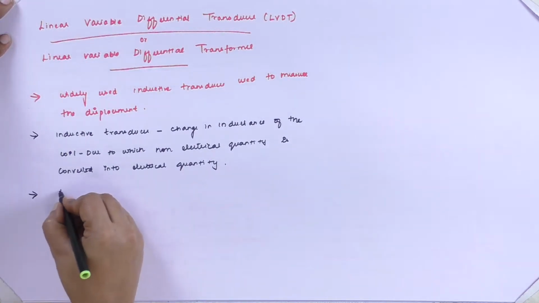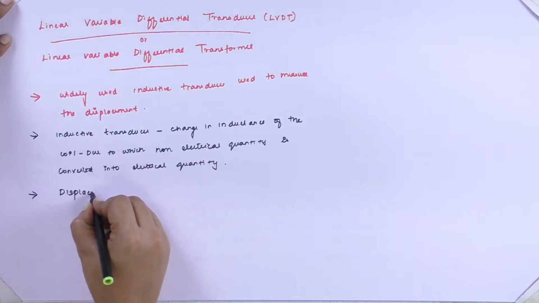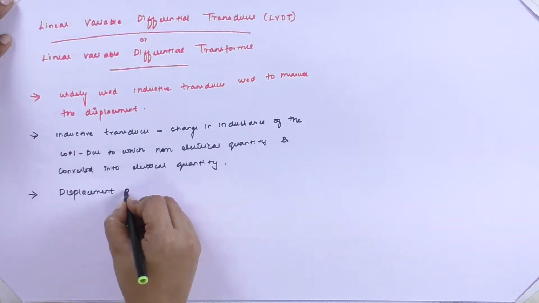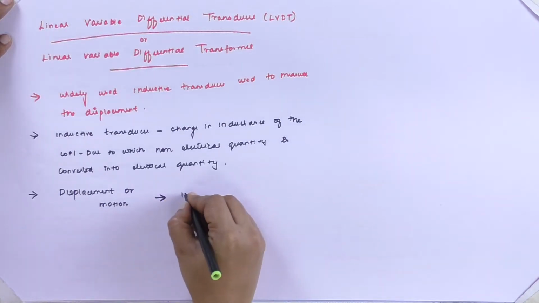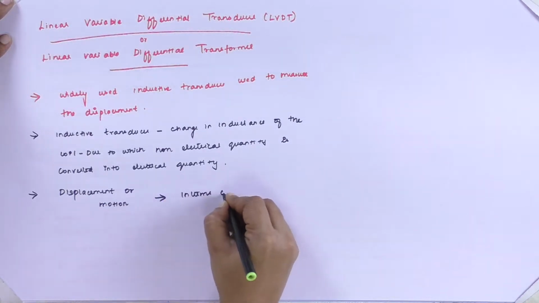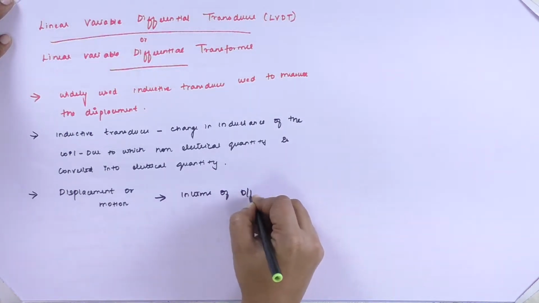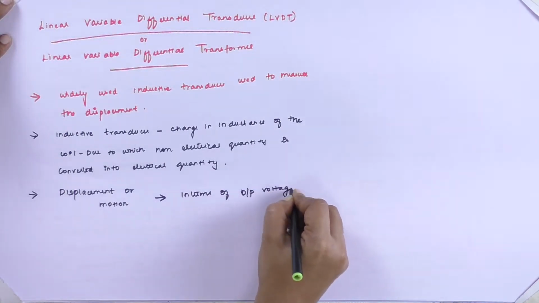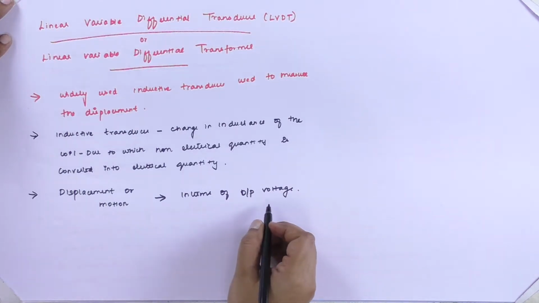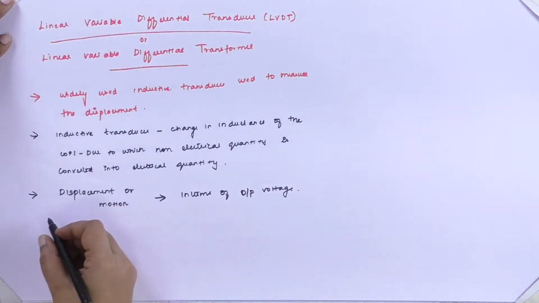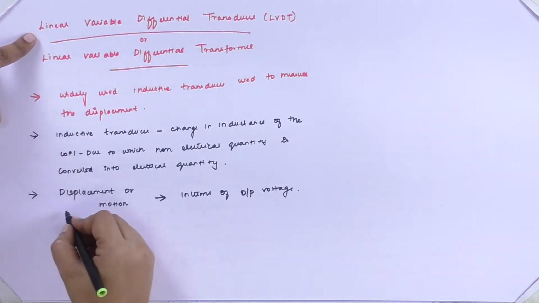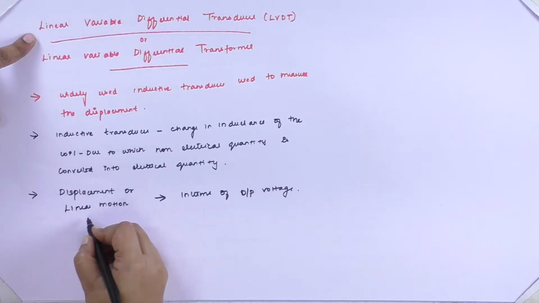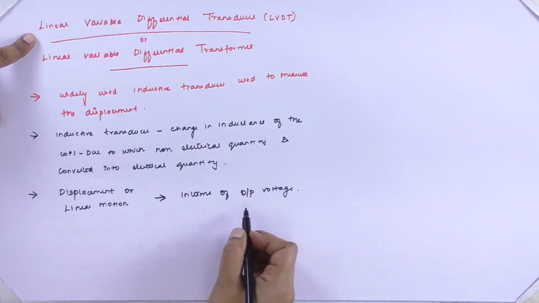So here the displacement or the linear motion is measured in terms of output voltage. Why we are calling it linear is that it converts the linear motion or the displacement into an output voltage.